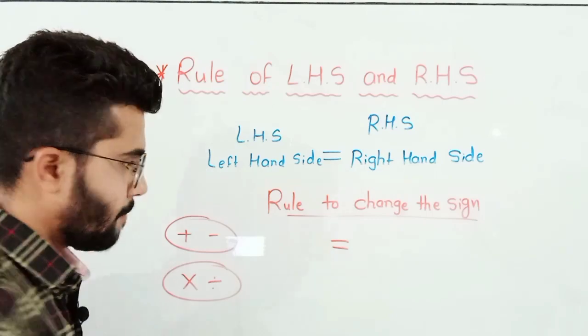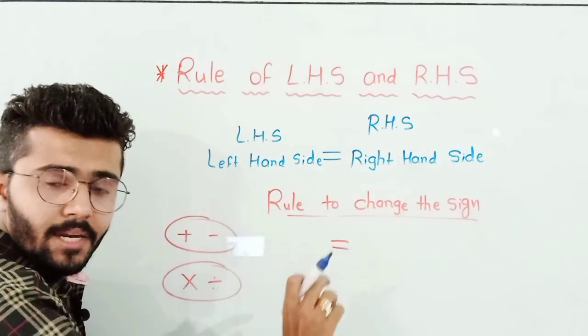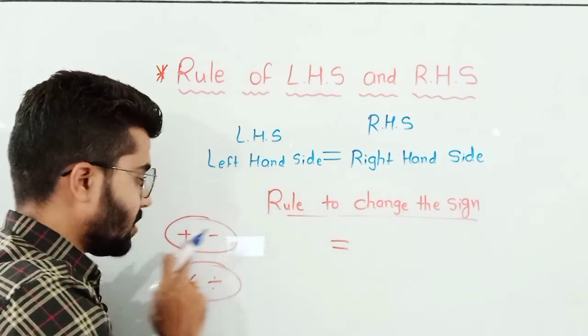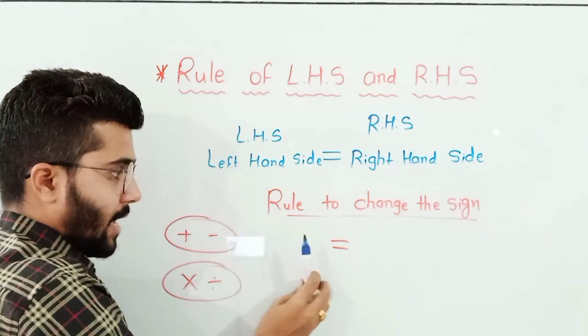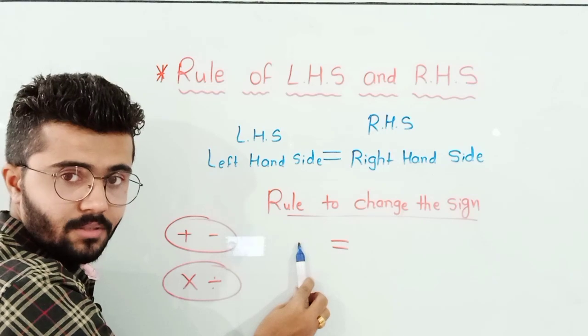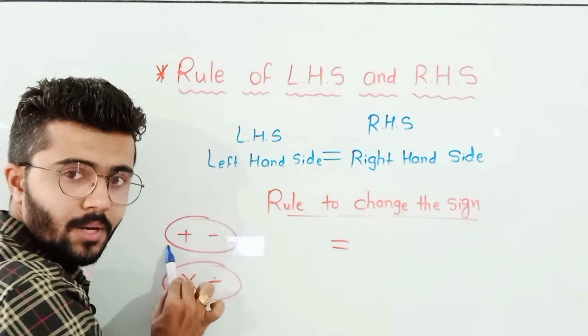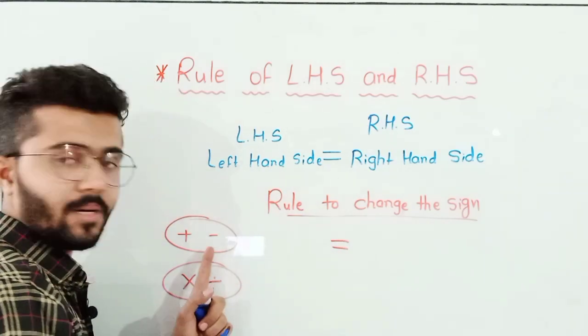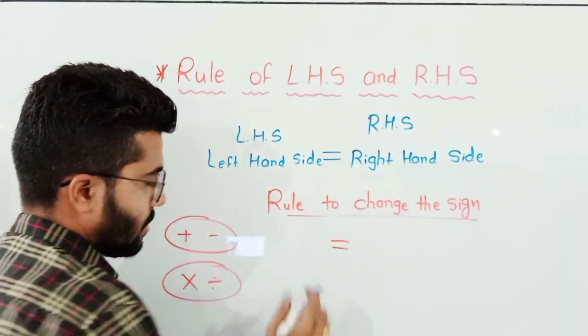Now we'll go ahead. Remember, any number on the left hand side whose sign is plus, if it goes to the right hand side, it will become minus. Let us understand.